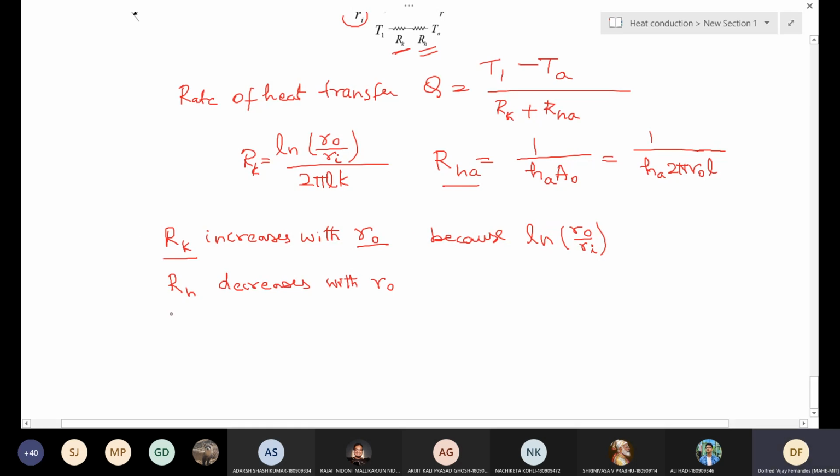So you have to think about how Rk and RH will change with R0 for a fixed Ri. Again, we have the condition here, Ri is fixed. We cannot simply go on changing Ri also.